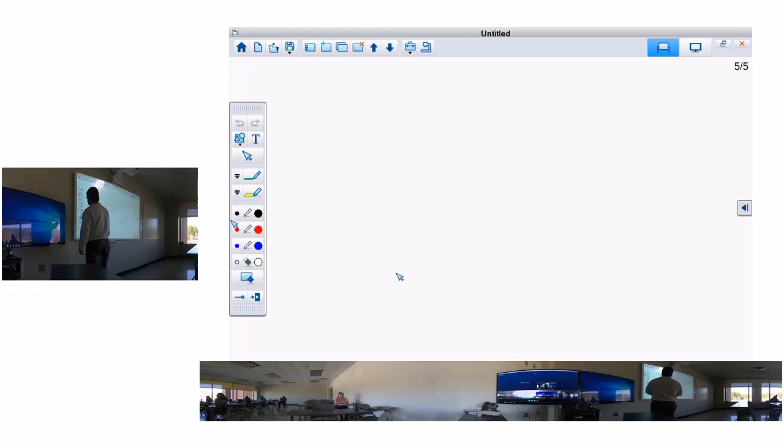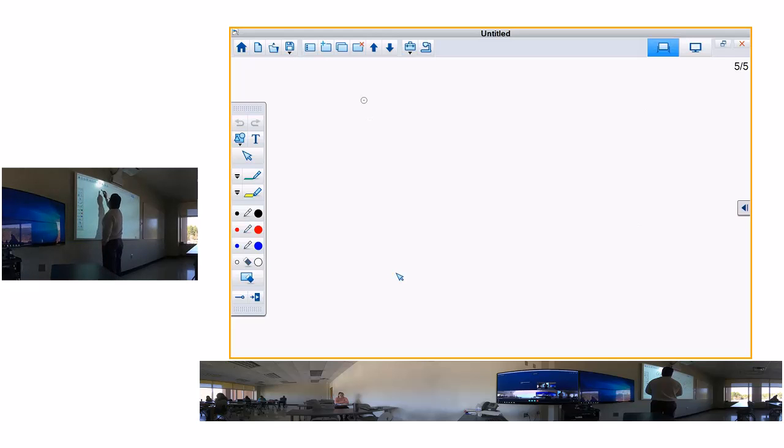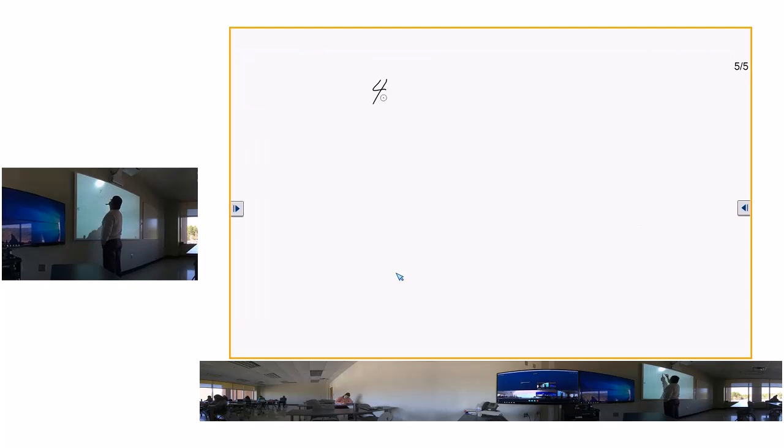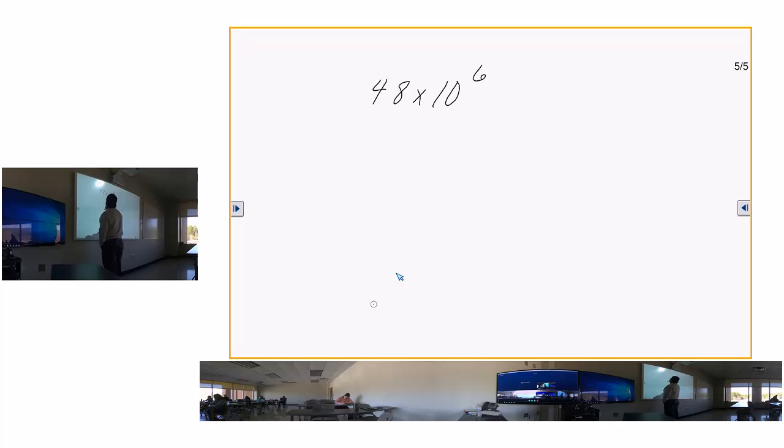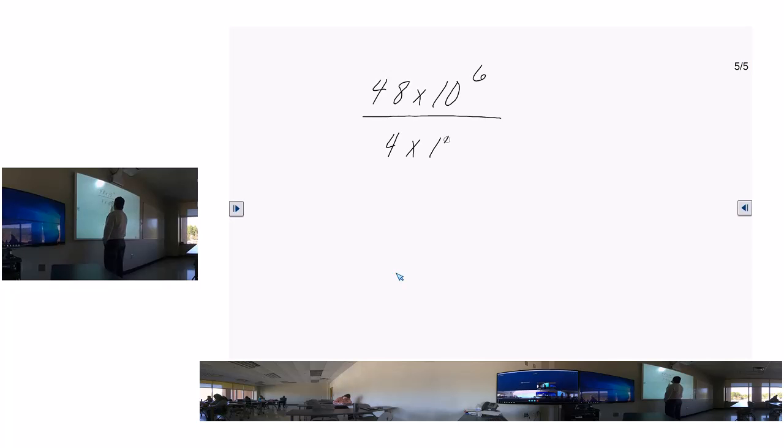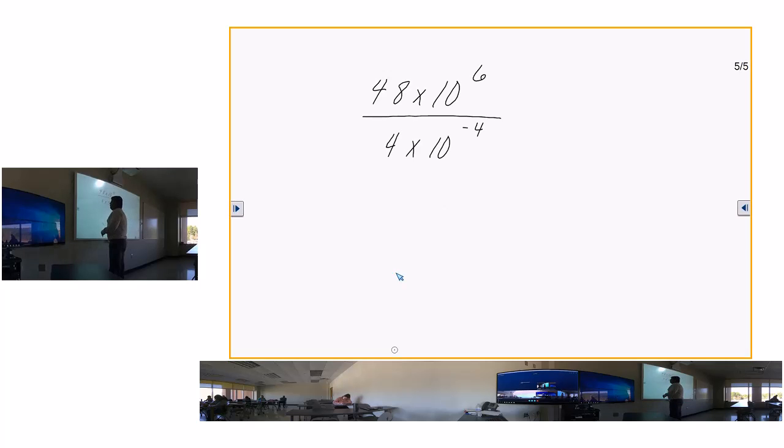Division. Let's do 48 times 10 to the 6th divided by 4 times 10 to the negative 4th. Oh yeah, y'all might as well quit on this. Why? You got a negative exponent. Yep, you might as well quit.